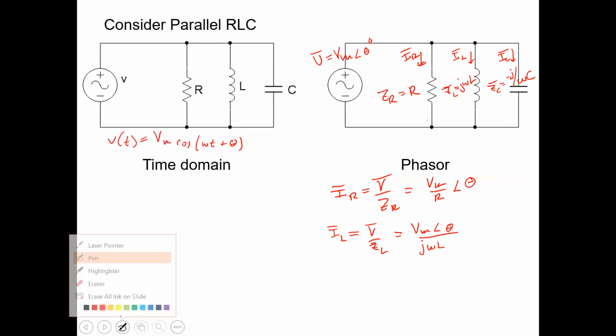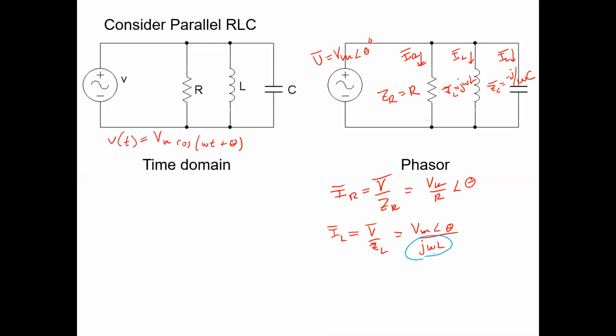It's convenient to think of that as omega L with an angle of 90 degrees in the denominator, right? So when you pull that up, it becomes negative 90 degrees. So that equals Vm over omega L with an angle of theta minus 90 degrees.